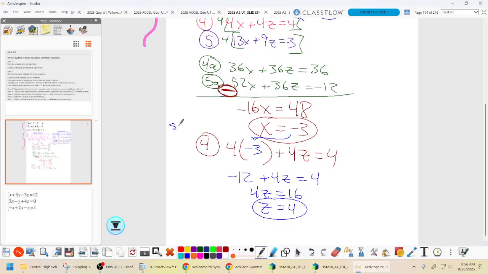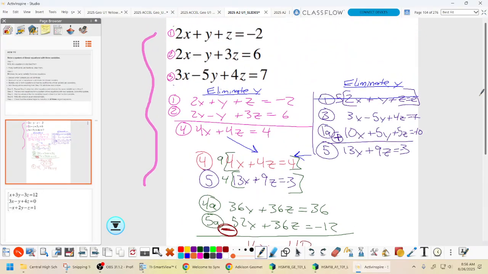Now what? Yep, plug. Now we have x and z. We take those back to one of the originals to solve for the last variable, which is y. To me, equation 1 looks the best because y is positive and just by itself.